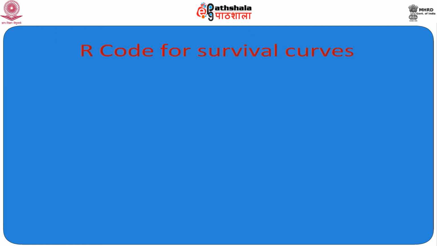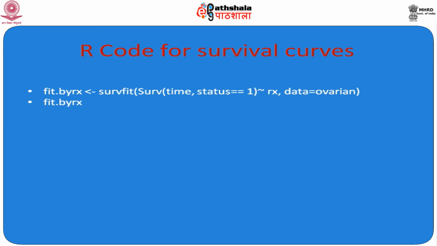Now, go to the next slide. When we have found that a difference is there, then we will go for plotting the curves. So fit.by.Rx will give the survival fit for status equals to 1 follows Rx.